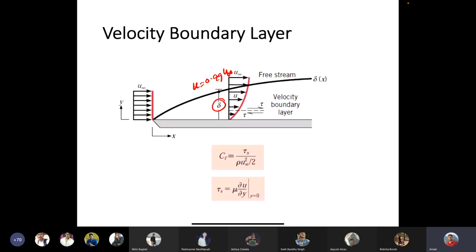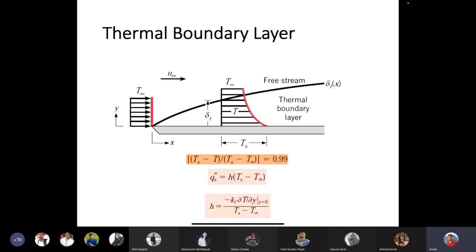Now on the same concept, there will be a thermal boundary layer, similar to the hydrodynamic or the velocity boundary layer.